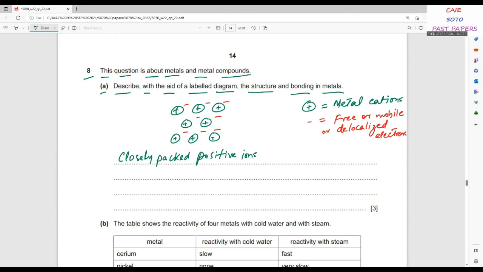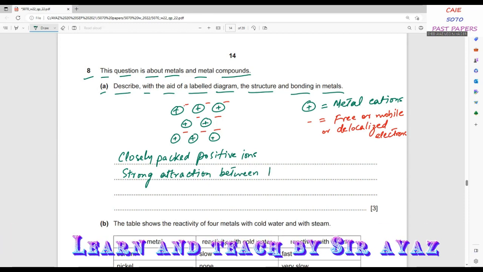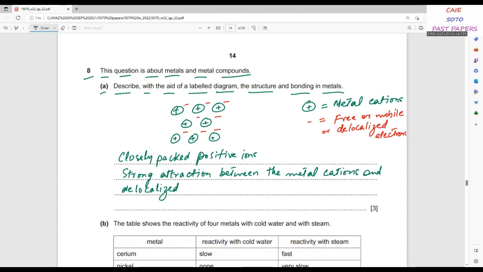Strong attraction between the metal cations and delocalized electrons.